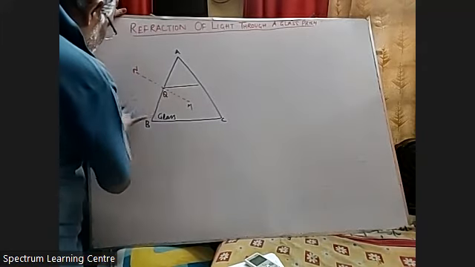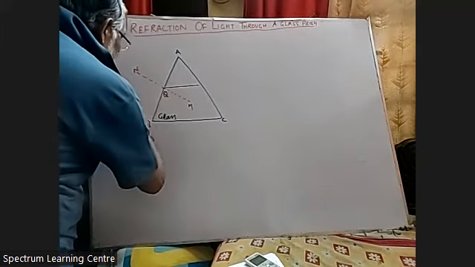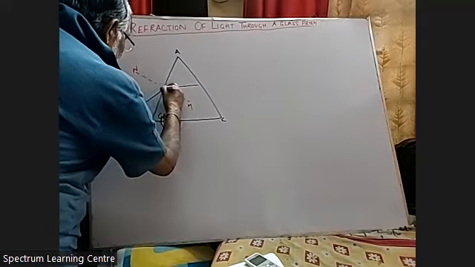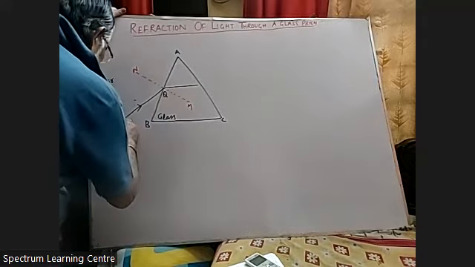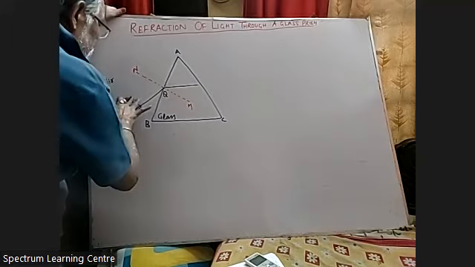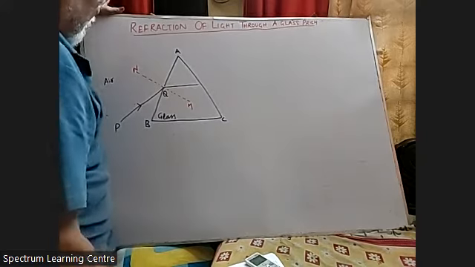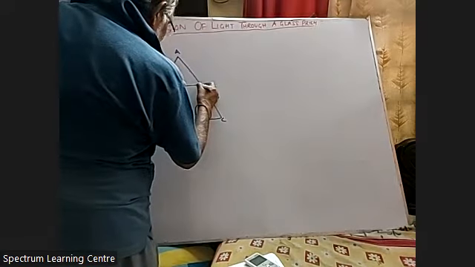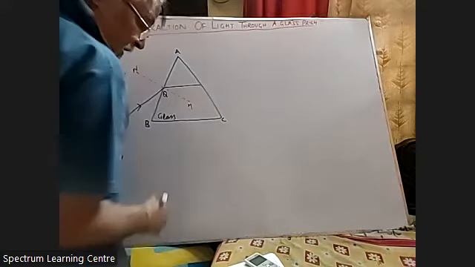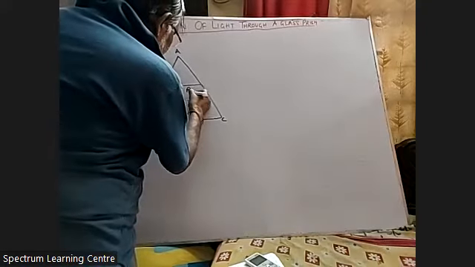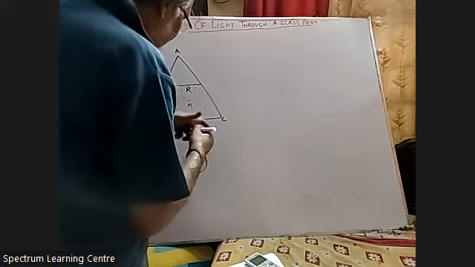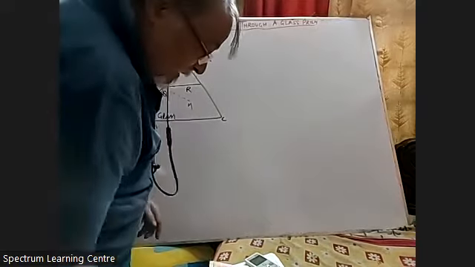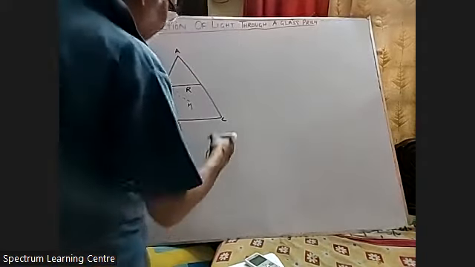It's not looking nice. Let me make it more clear. So it bends towards the normal, and again at point R, it hits the face AC of the prism.